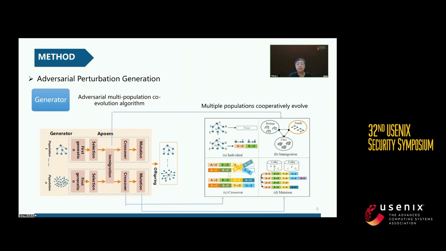The main challenge faced by the generator is that the real feature granularity is unknown. To alleviate this problem, we propose APOEM to infer the real feature granularity. It follows the general framework of evolutionary algorithms, but it introduces multiple populations to fit the different feature granularities and uses cooperation among multiple populations to accelerate convergence. Along with the evolution, the population corresponding to the real feature granularity gradually stands out from the crowd.